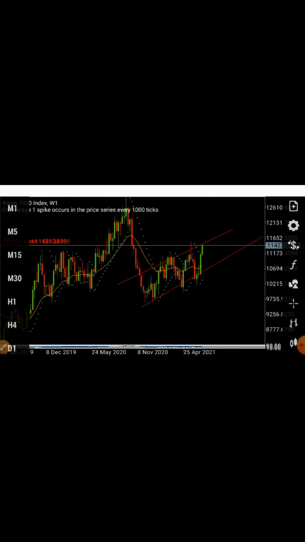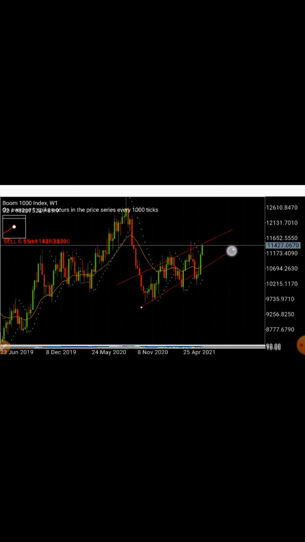Now we're going to adjust this. I'm going to adjust it to this place. I hope you can see that very well. So here is our trend line.